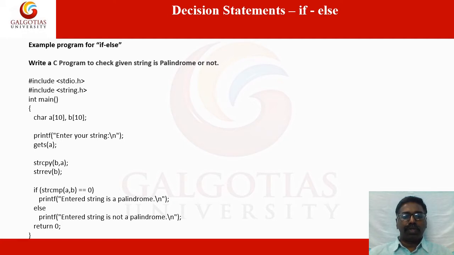Both strings are compared, and if both strings are equal, this function returns an integer value equal to 0. So this compare function strcmp(a, b) is given in the if statement, and in the true part we display the string is palindrome, otherwise the string is not a palindrome.